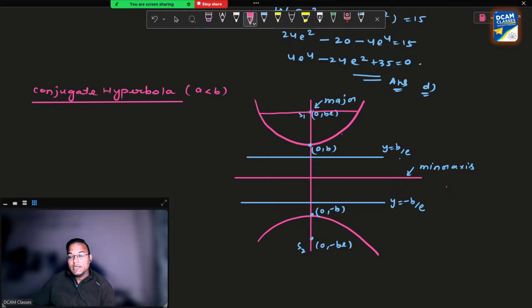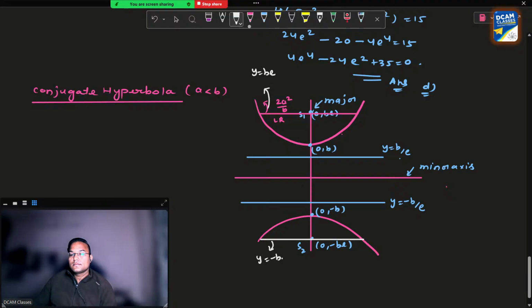Latus rectum, if you see, will be like this. Everything is same as that of your ellipse. Here the length of the latus rectum is 2a square by b. The equation is again y is equal to b, and here the equation will be y is equal to minus b. Now the length is 2a square by b.